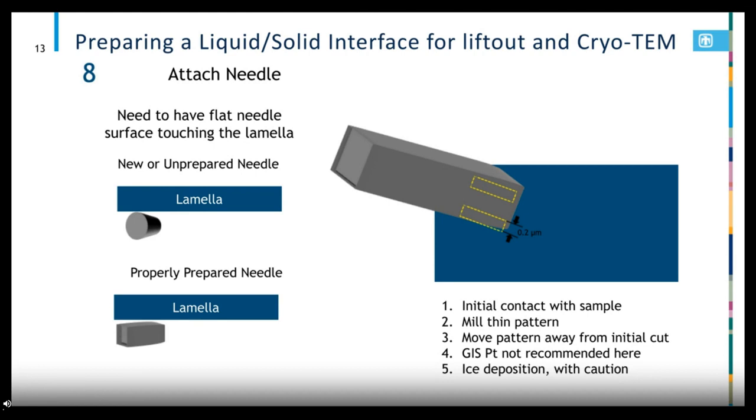And so what we need to do is to flatten the front side of that lamella needle before making contact with it. And then once that's flattened, you can go ahead and make contact. And then I use thin rectangular patterns that I mill through the needle and then into the sample, and that creates a redeposition connection. And I'll move those patterns sequentially outward, as you can see here.